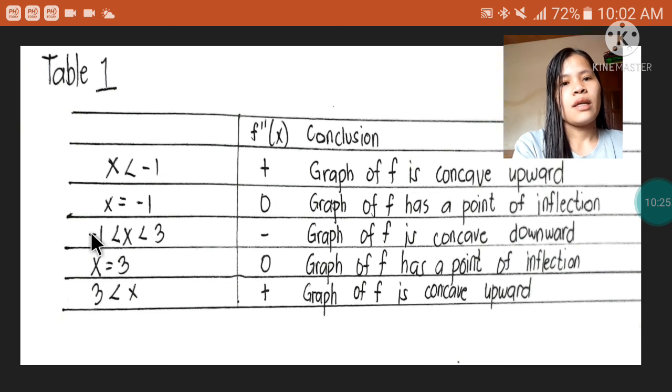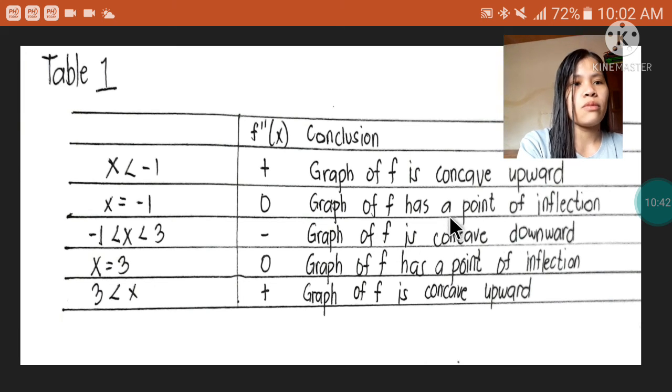Therefore, the result of the second derivative of x is negative, and the conclusion is the graph of f is concave downward. Why is it concave downward? Because if the result is negative, then the graph is concave downward.